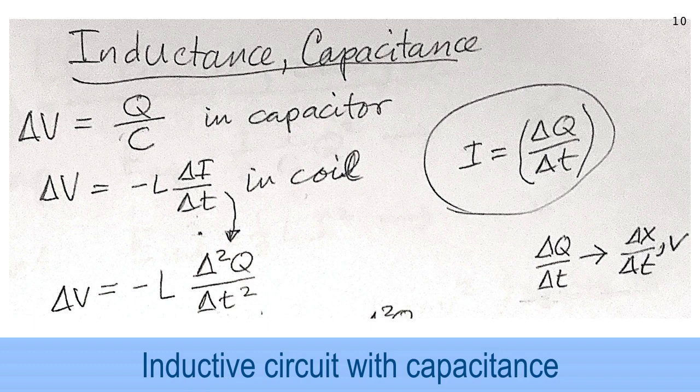So the A term, which corresponds to my delta I over delta T term here, that's my inductive term. That reminds me of F equals ma. Do we ever have a force that's dependent on X?